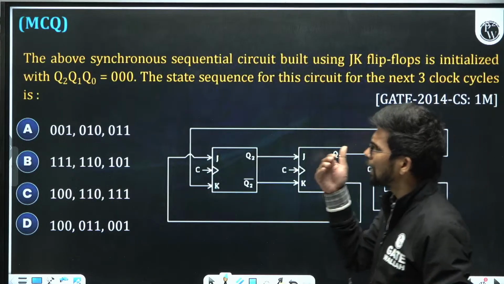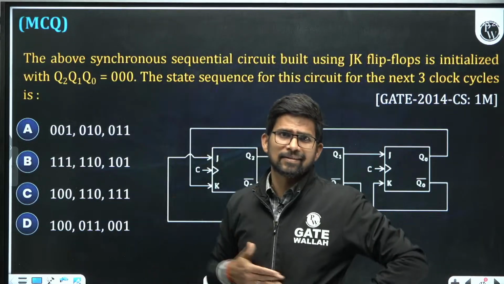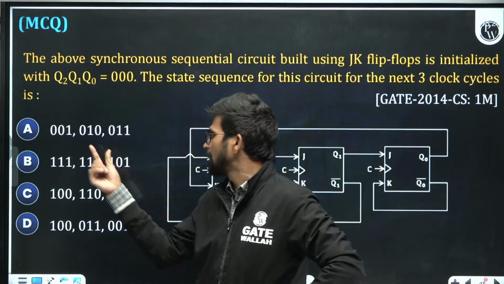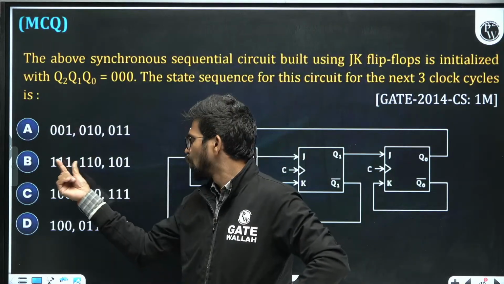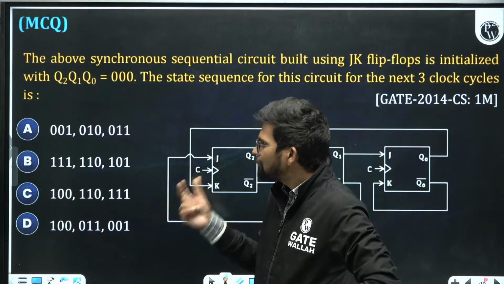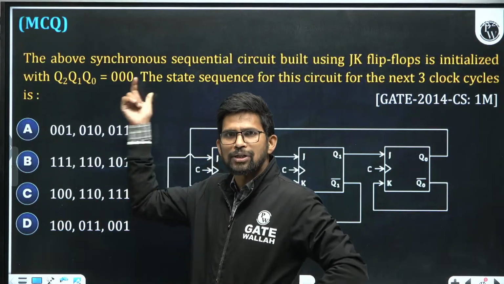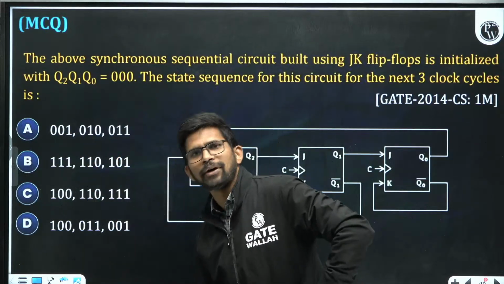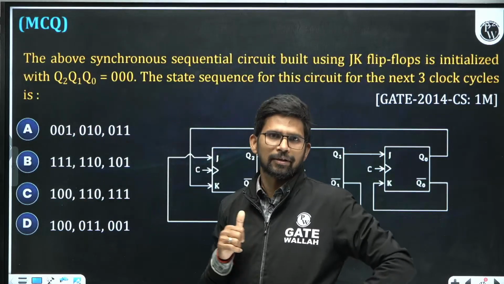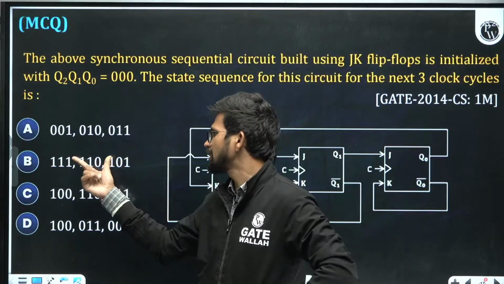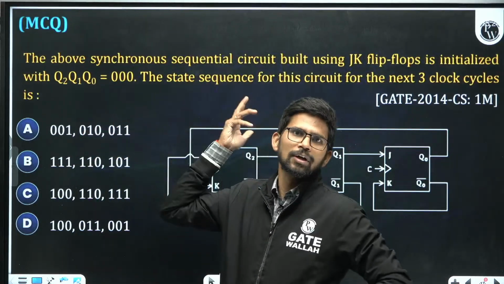But if you look at the output states, after 0, 0, 0, the next state will be 0, 0, 1 given here, 1, 1, 1 given here, 1, 0, 0, 1, 0, 0. So if after 0, 0, 0 my first state is 0, 0, 1, then I will not solve further because only this answer will be correct. If I find 1, 1, 1 after 0, 0, 0, then this answer will be correct. I will not find the further states.